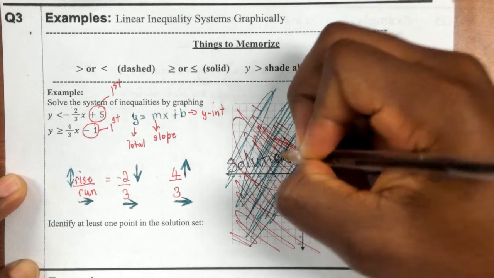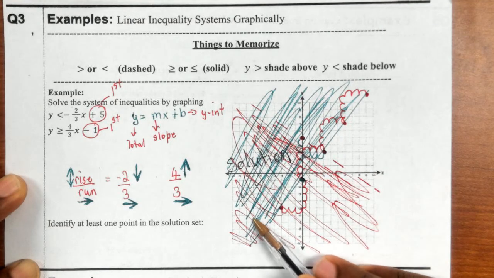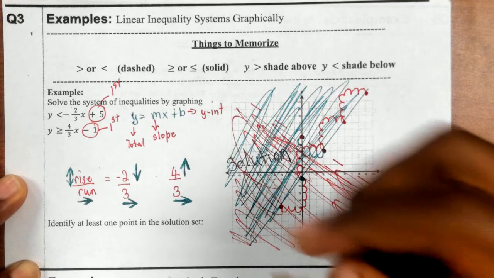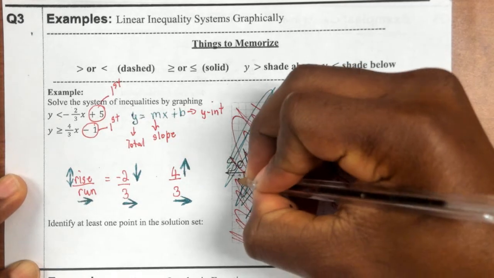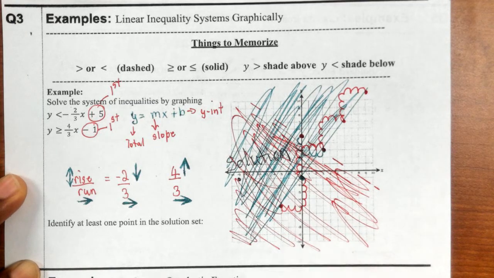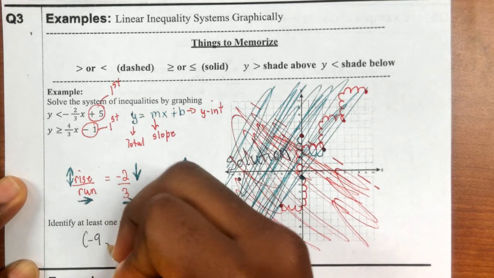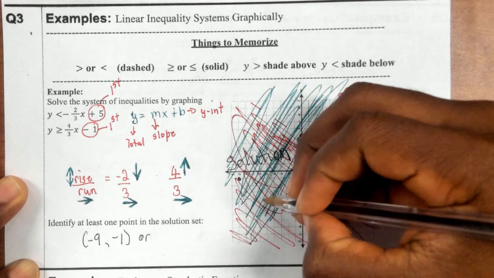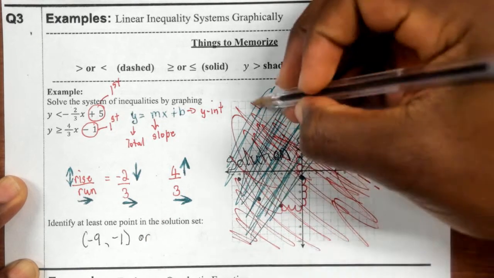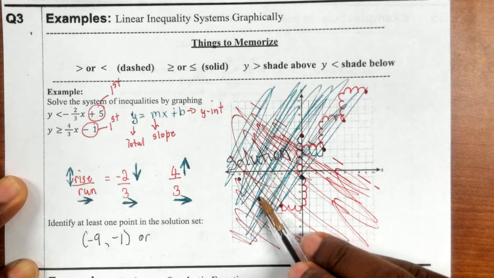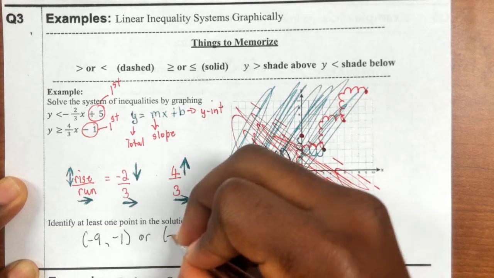The solution can be figured out by picking any point in this darkest shaded area. A point I could pick would be, for example, this point right here, which would be -9, -1. That could be a solution. Another solution could be right here, because that's in the darkest shaded area, which would be -6, -4.